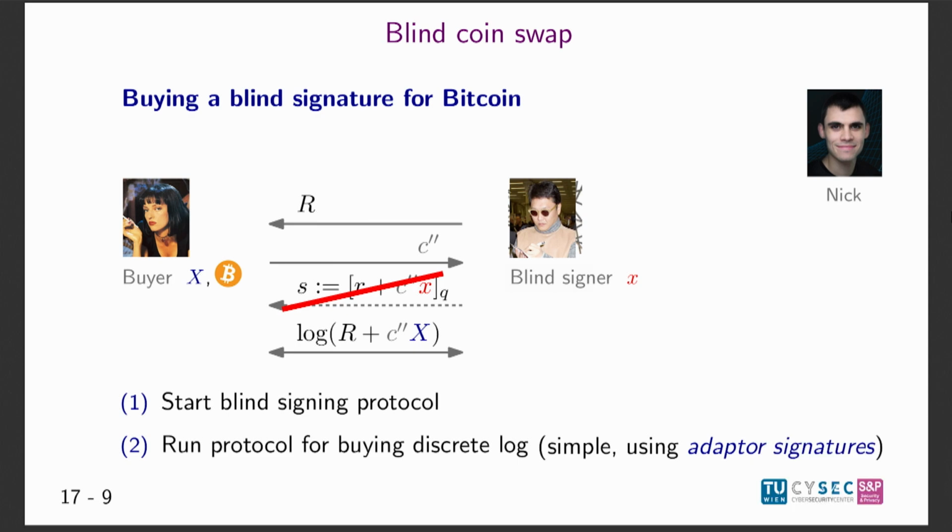And so when the seller wants to take the money, it has to produce the actual unshifted Schnorr signature, and since from the two you can now extract the discrete log. Yeah.